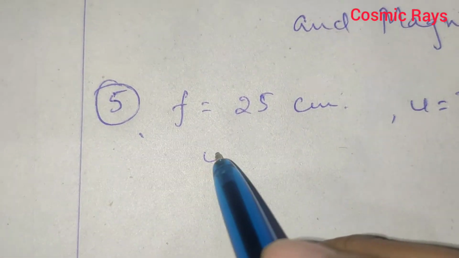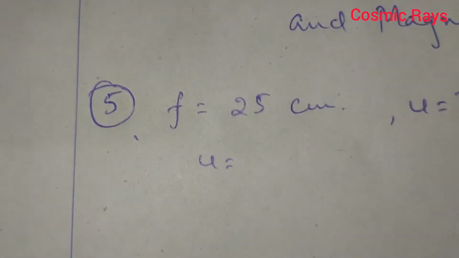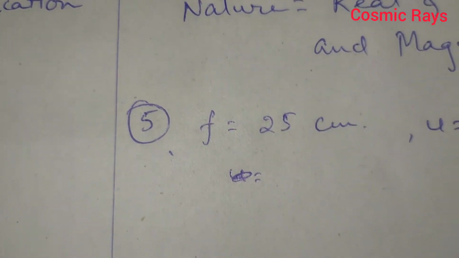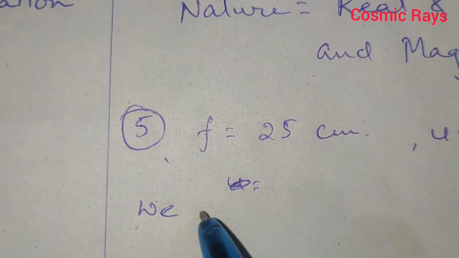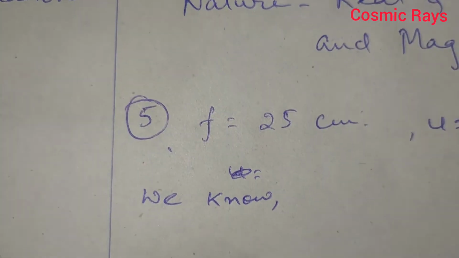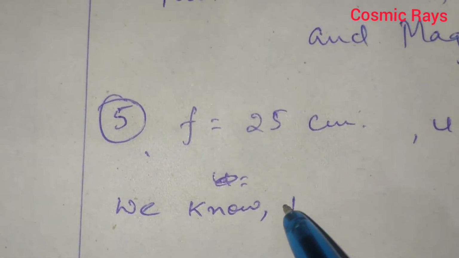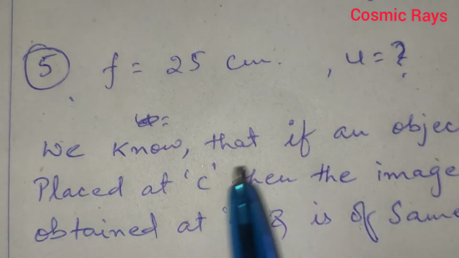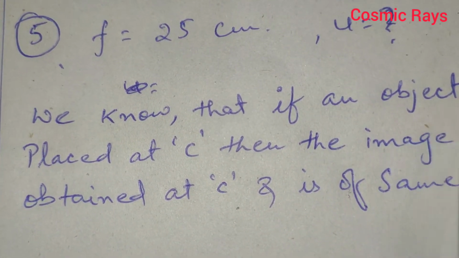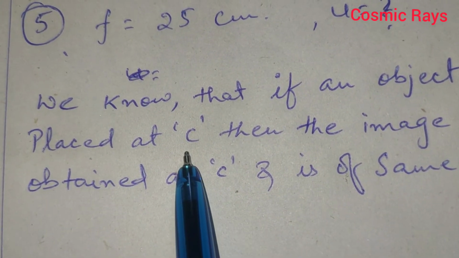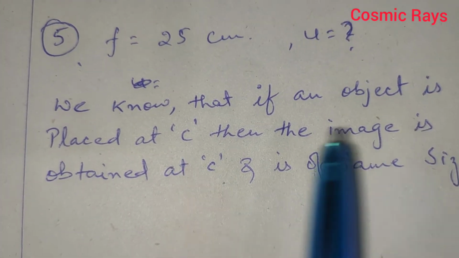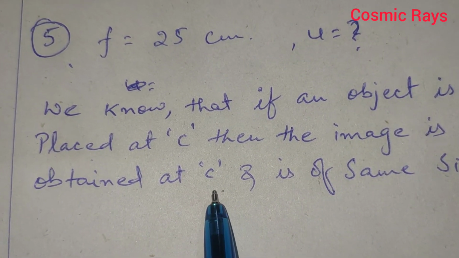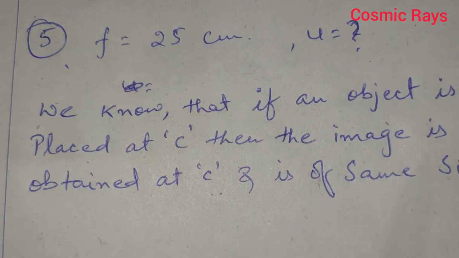So the size of the object is equal to the size of the image. Here we know that if the object is placed at the center of curvature C, then the image is obtained at the center of curvature C and is of the same size.